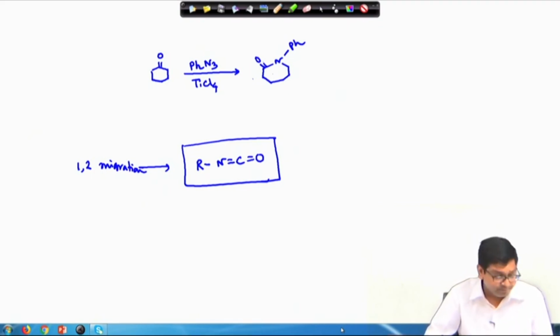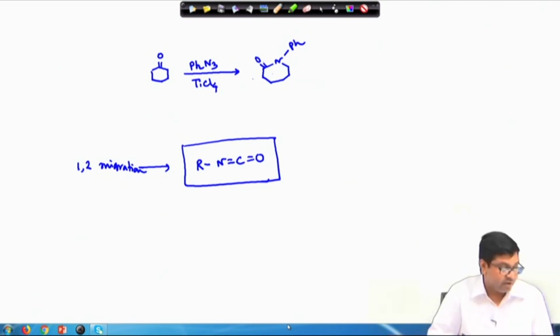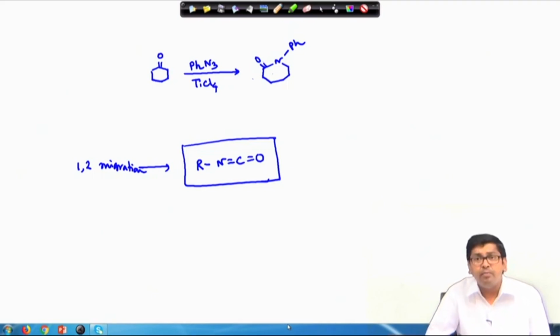Similar in case of Schmidt reactions also, in presence of these carboxylic acids or ketones and hydrazoic acids, that will give you the corresponding intermediate, which eventually will give this isocyanate, and then finally this product. Okay. And we have found that during the Schmidt reactions, when it is a keto compound, that gives the corresponding amides.